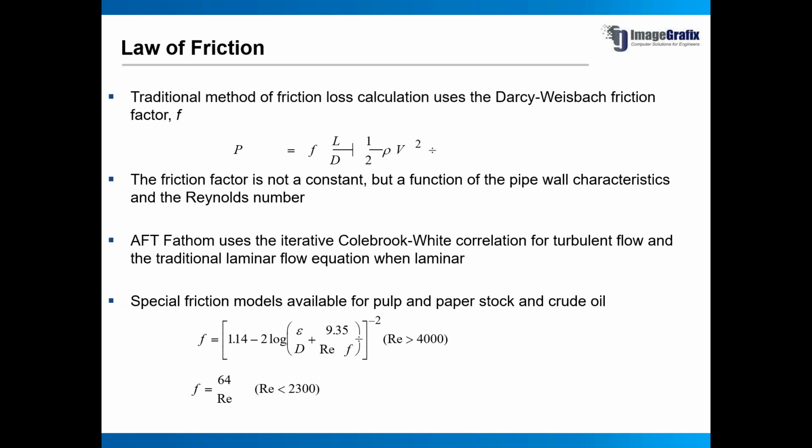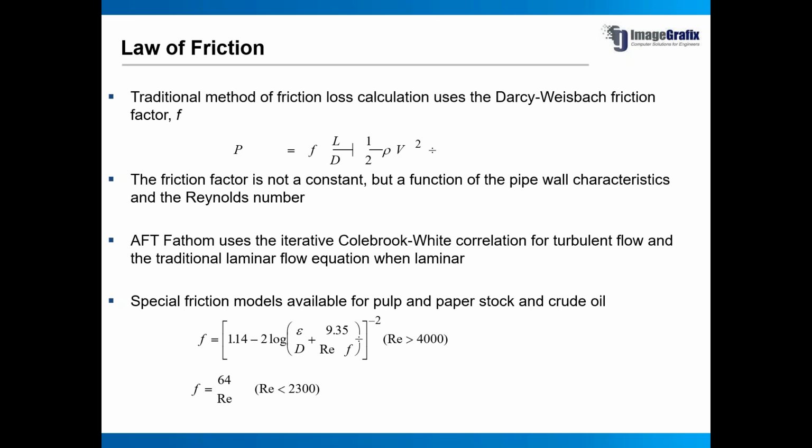The basic formula for calculation of head loss is the Darcy-Weisbach equation, h = f L/D times half rho v squared. In some cases it is also represented as hf equals 4 f L v squared by 2 g D. So that is also one of the formulas. The friction factor is not constant, but is a function of pipe wall characteristics and the Reynolds number, which is calculated by the application.